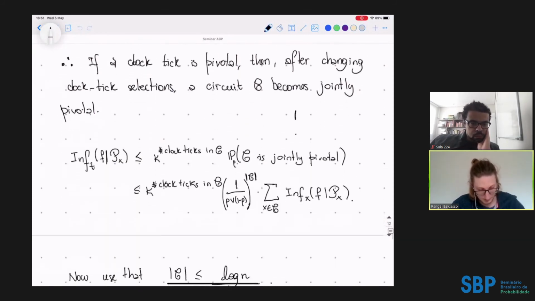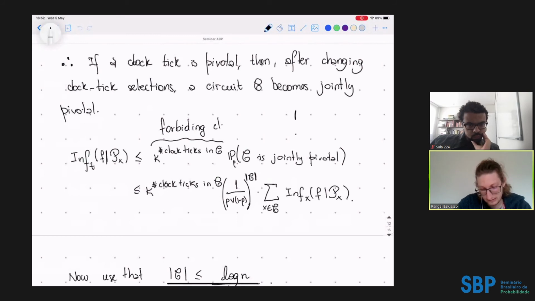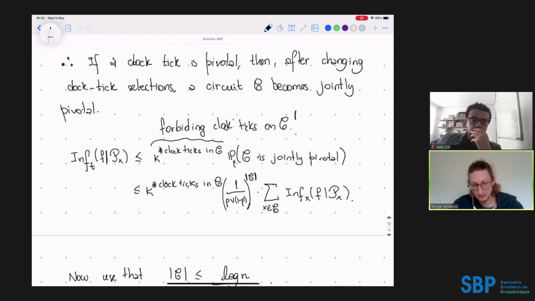Maybe just to finish up, what you get is something like this. The influence of a clock tick is this term here that comes from forbidding clock ticks on C. And once you forbid clock ticks on C, the circuit C is jointly pivotal.